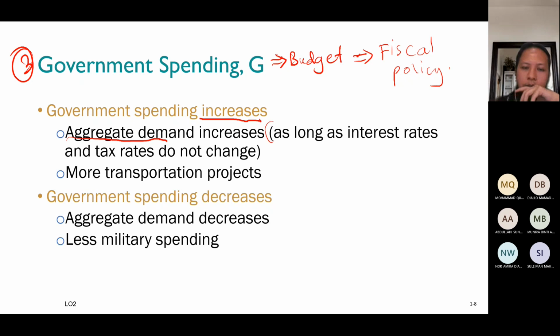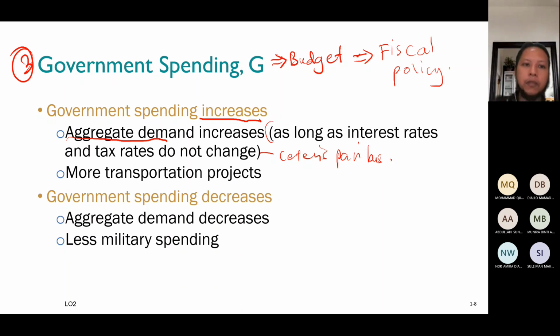So this happens as long as interest rates and tax rates do not change, right? So this is basically the term ceteris paribus. Okay, or other things being equal, other things do not change. Okay, and for this, for example, where does the government spend it? Okay, they can spend it on various projects, right?